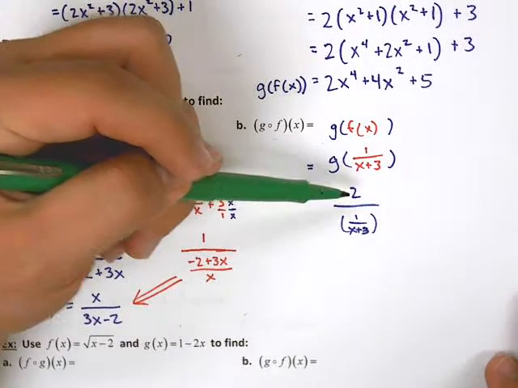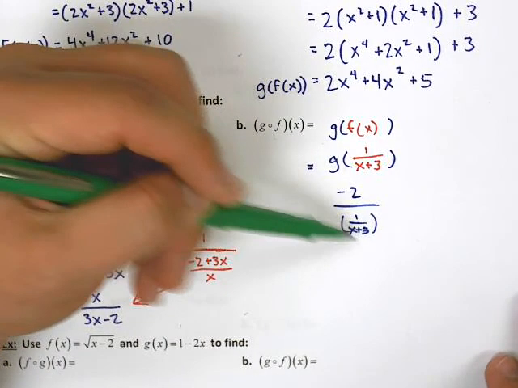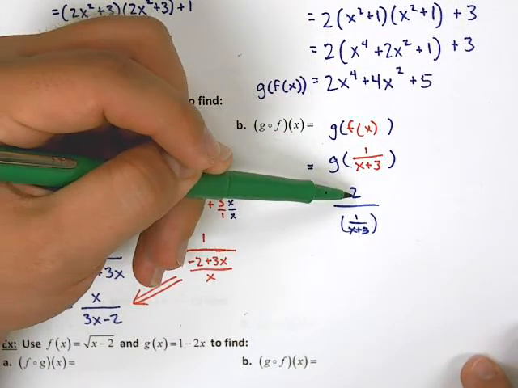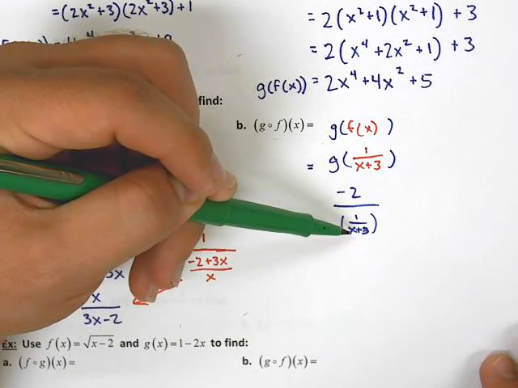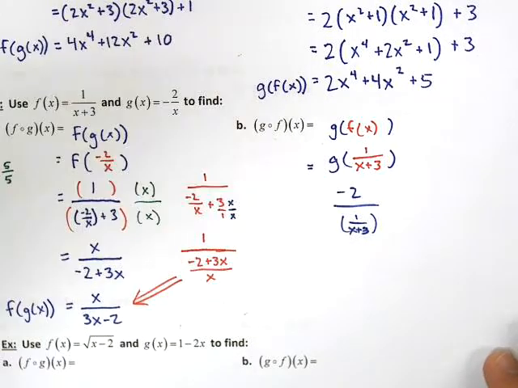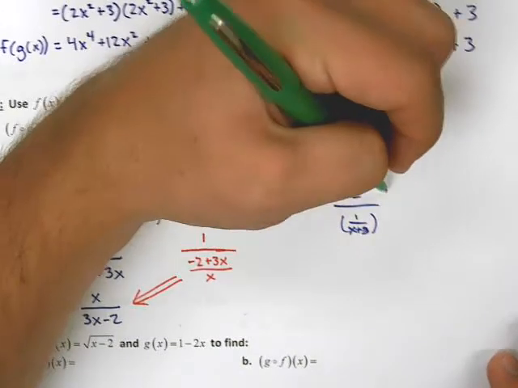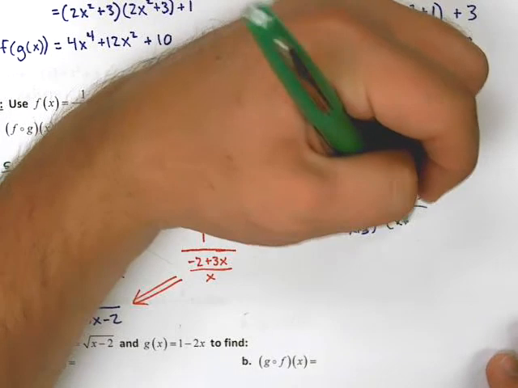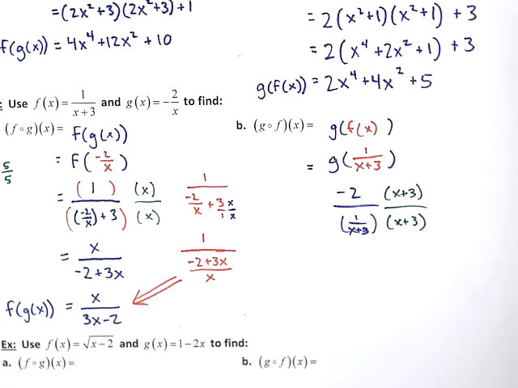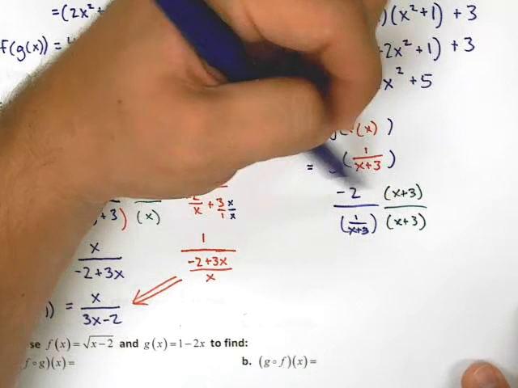What do I have here? I have one term in the numerator, I have one term in the denominator. The denominator of the numerator is 1, the denominator of the denominator is x plus 3. So our common denominator that I'm going to multiply top and bottom by is x plus 3. And when I do that, well, this is nice, right?